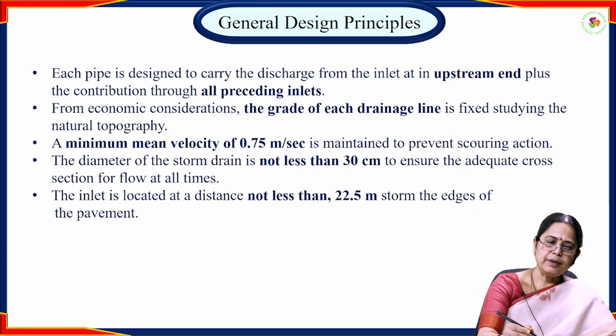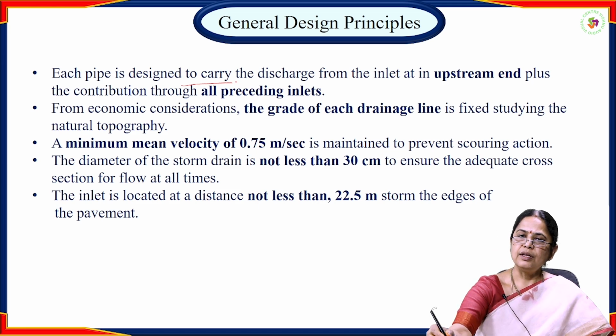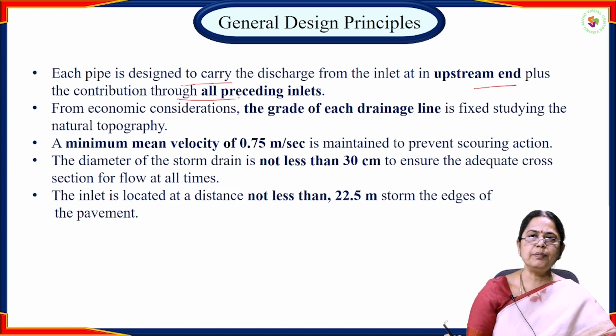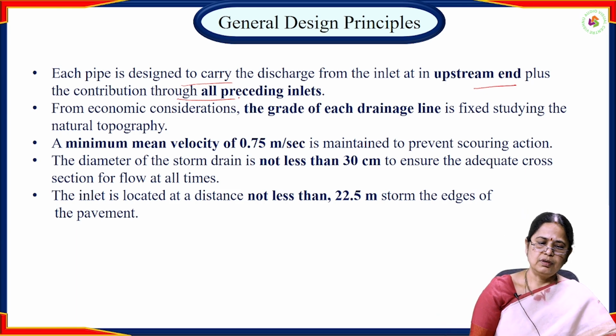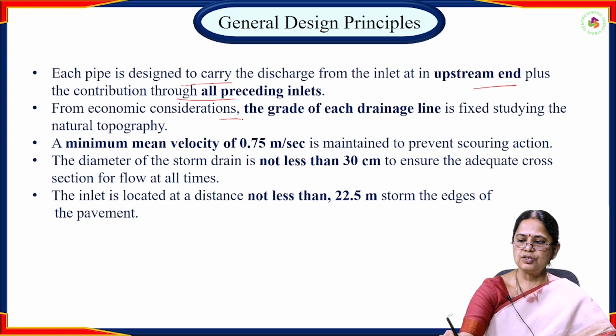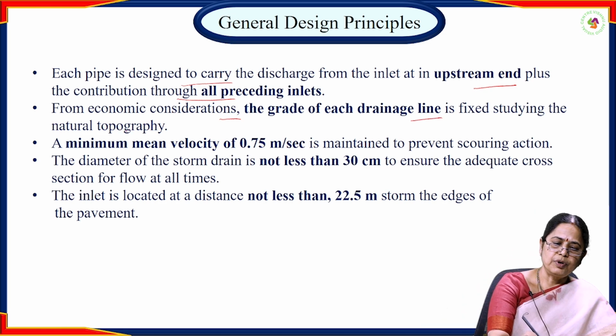Each pipe is designed to carry the discharge from the inlet at the upstream end plus the contribution through all the preceding inlets. From economical consideration, the grade of each drainage line is fixed by studying the natural topography.